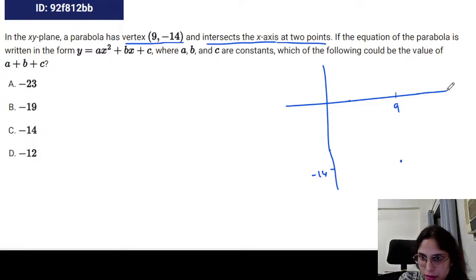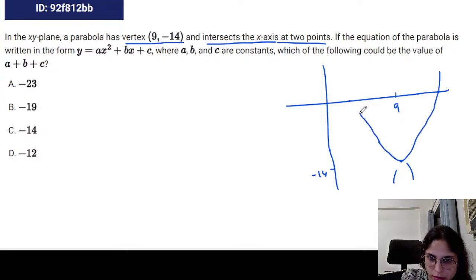That means what? This has to go up, because this can be the minimum or the maximum point. It can either go down or go up. If it goes down, it will never meet the x-axis. So this is how my graph looks.